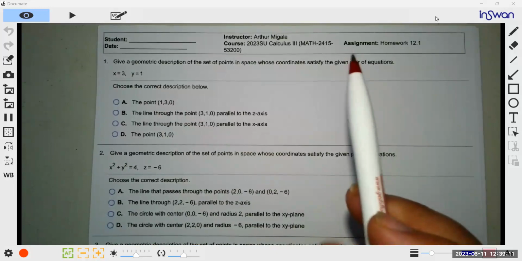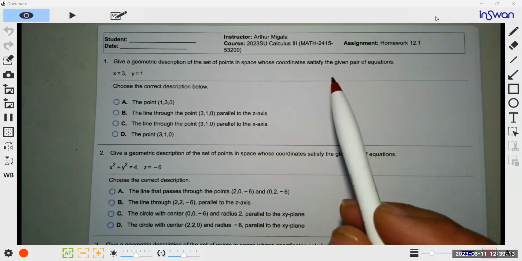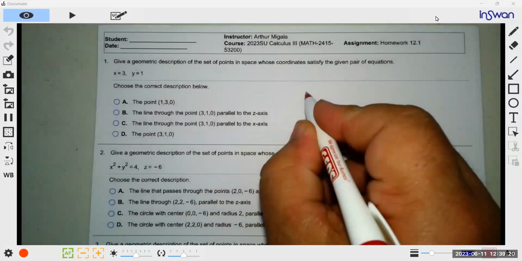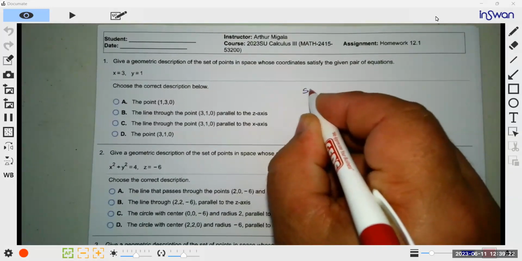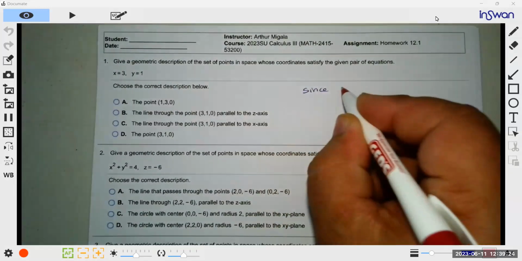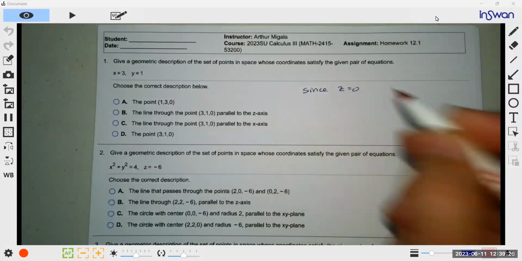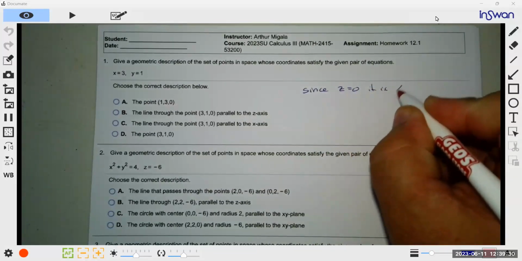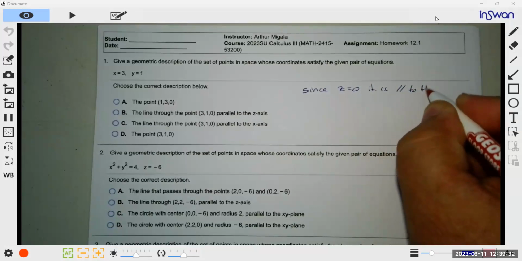The only plane that's not there is the 0 axis, so the only way it's not there is if z equals 0. That means it is parallel to the z axis.